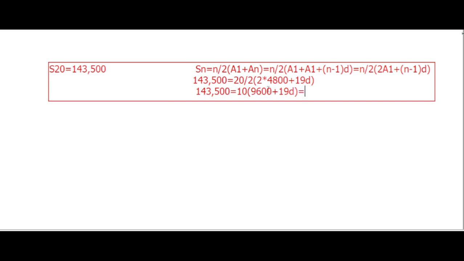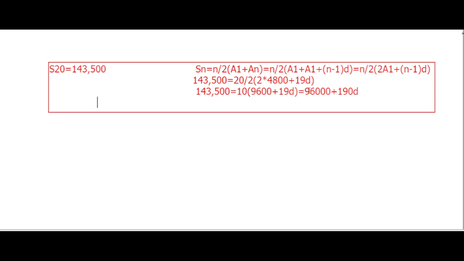Again, this is equal to, let's multiply by 10 here, 96,000 plus 190d. Now 143,500 minus 96,000 is equal to 190d.